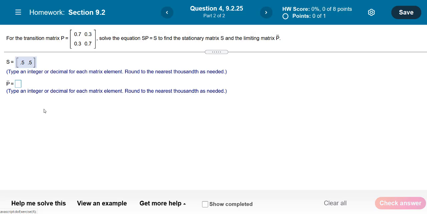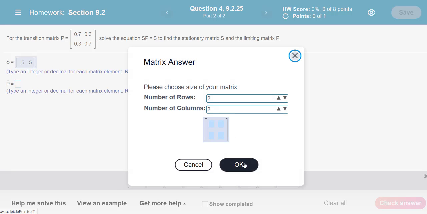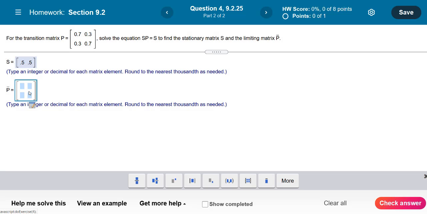And the second question, for the P with the bar over it, that is the matrix that we just got on our calculator, which would be the 2 by 2 matrix with the 0.5, 0.5 in both rows.